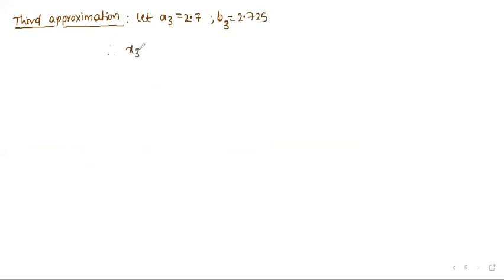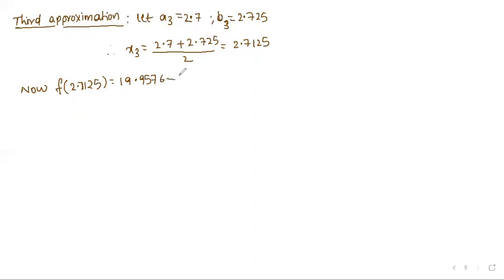Therefore, x3 is equal to 2.7 plus 2.725 by 2, that is equal to 2.7125. Now, f of 2.7125 is equal to 19.9576 minus 16.275 minus 4.